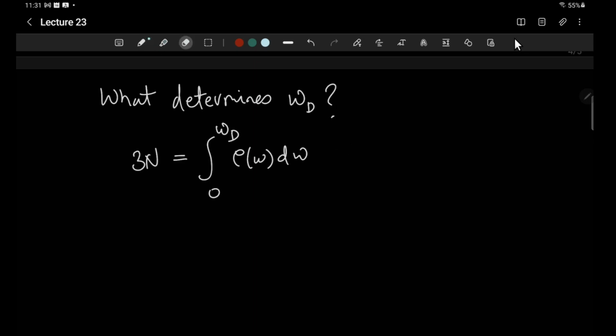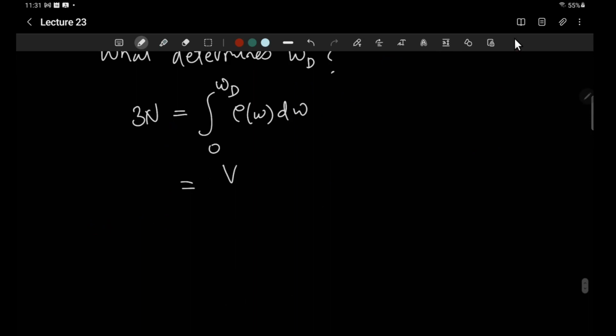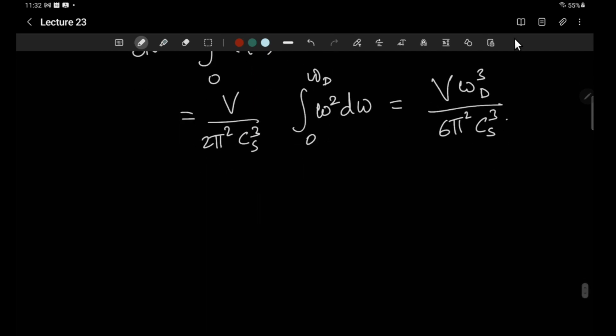I'll write one more line. So what was it? V by 2 pi square, 6 pi square Cs cubed. So this determines omega d.